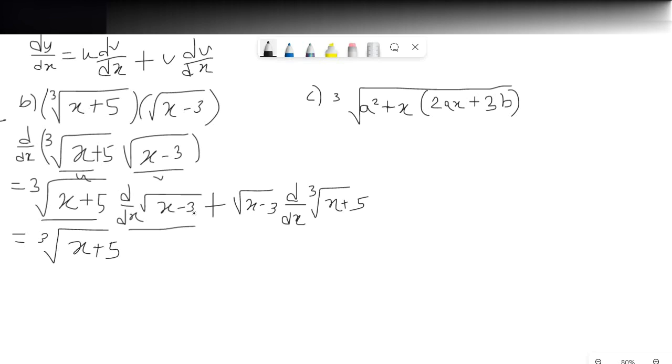Now if you notice, this can't be directly differentiated as we need to use the chain rule for this.